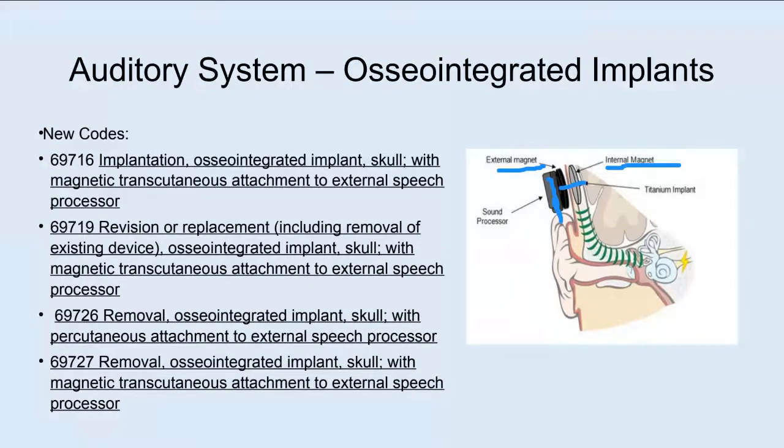So that's what keeps it in place rather than the screw we saw in the other picture. 69716, implantation with magnetic attachment to external speech processor. 69719, revision or replacement. 69726, removal. And 69727, removal. So a bunch of different codes for this.